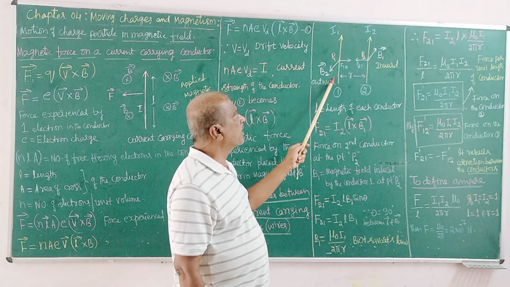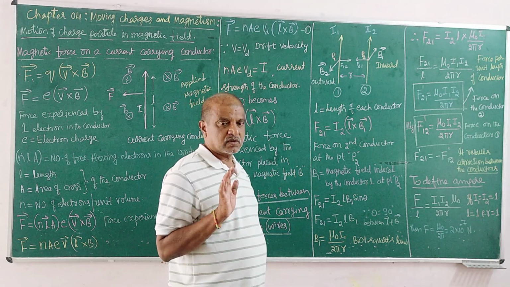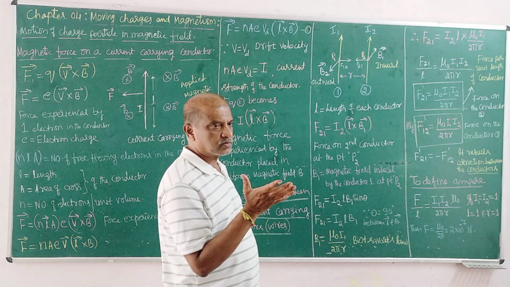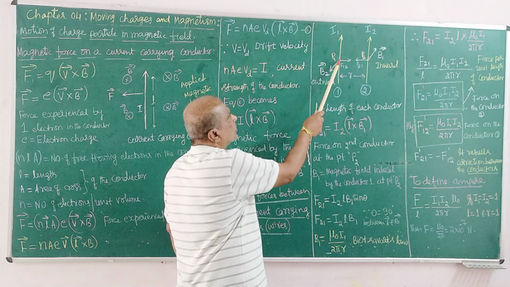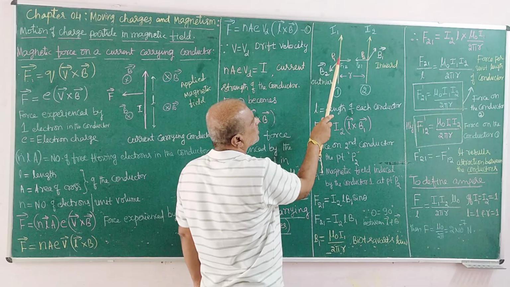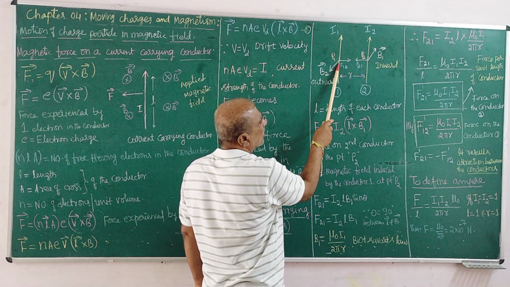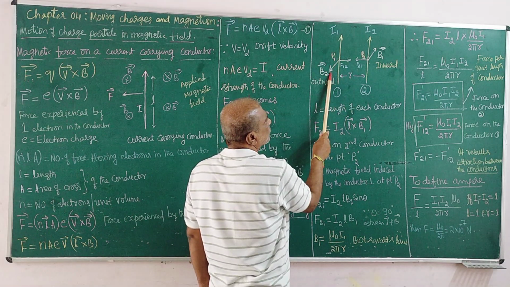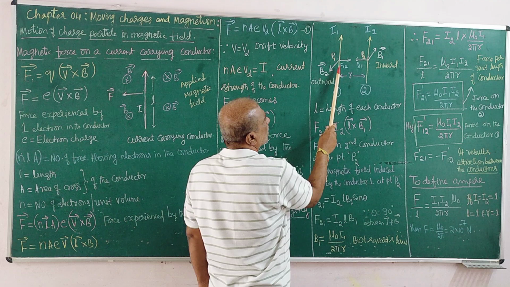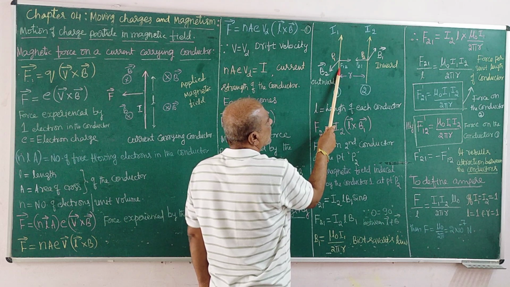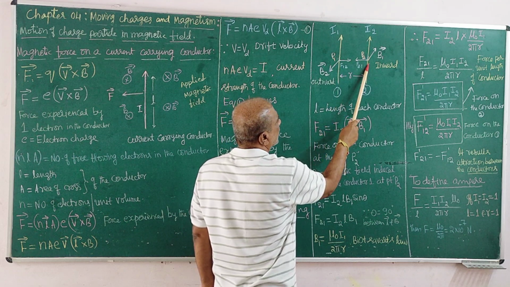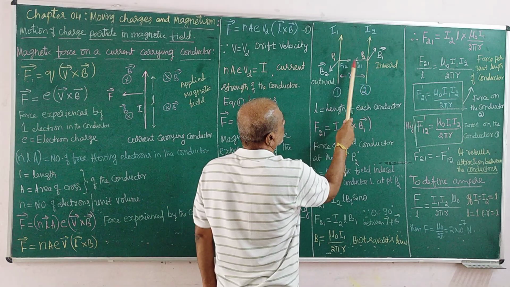Any current carrying conductor induces magnetic field in its surroundings. So this conductor induces magnetic field in its surroundings. This conductor induces magnetic field on this conductor because it is in its surroundings.